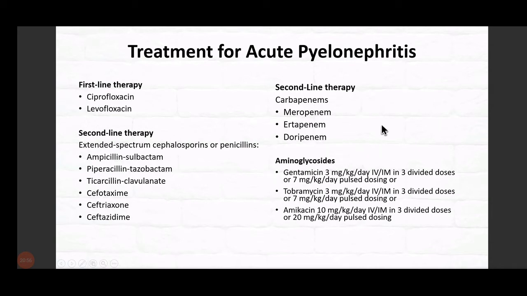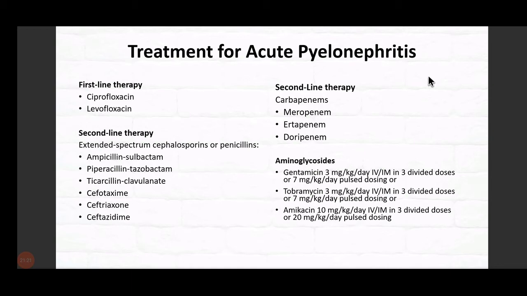Usually this set of drugs is reserved for a more toxic patient, or patients with comorbidities, or a patient who is not responding within 48 to 72 hours. Usually, it is always a combination of antibiotics for a synergistic effect. You can add aminoglycosides. Aminoglycosides are mostly added, but beware of the nephrotoxicity of aminoglycosides.